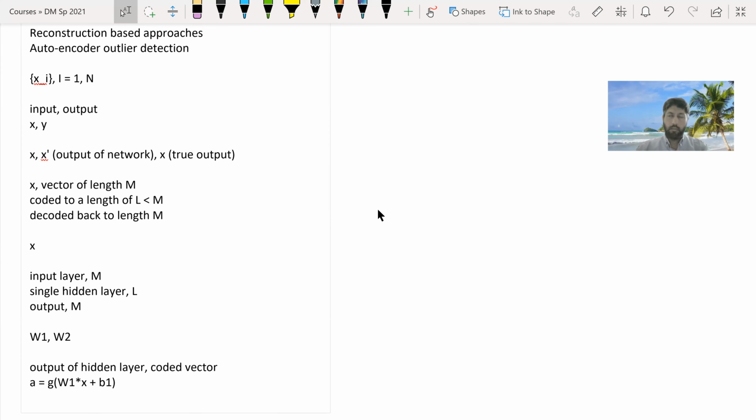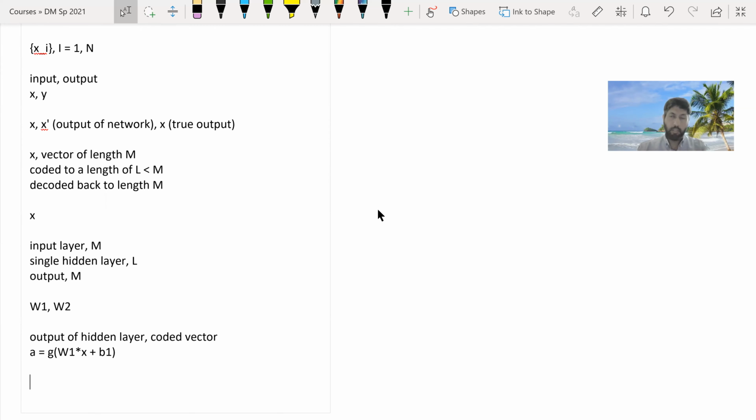Okay? So this is the processing. A is then the coding for the vector X. Of course, there are parameters here, W1 and B1, which are learned during training. So what is the size of W1? W1 is a matrix, of course.